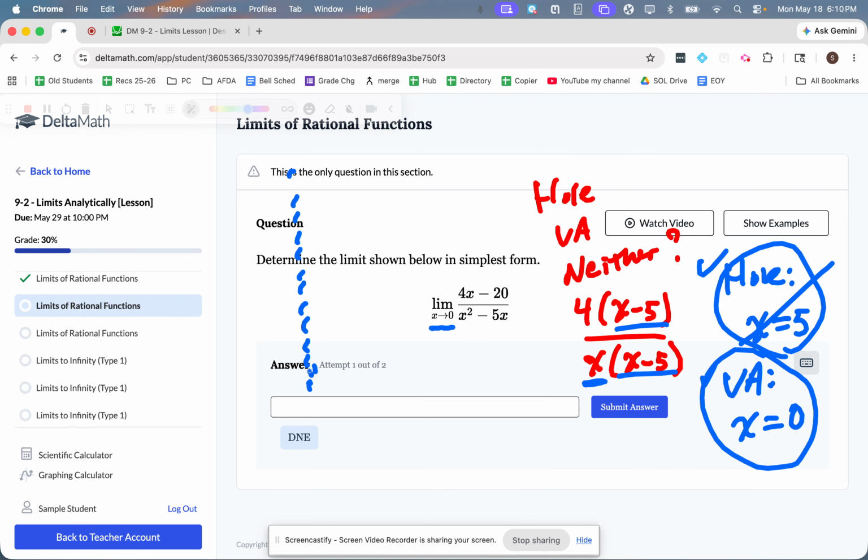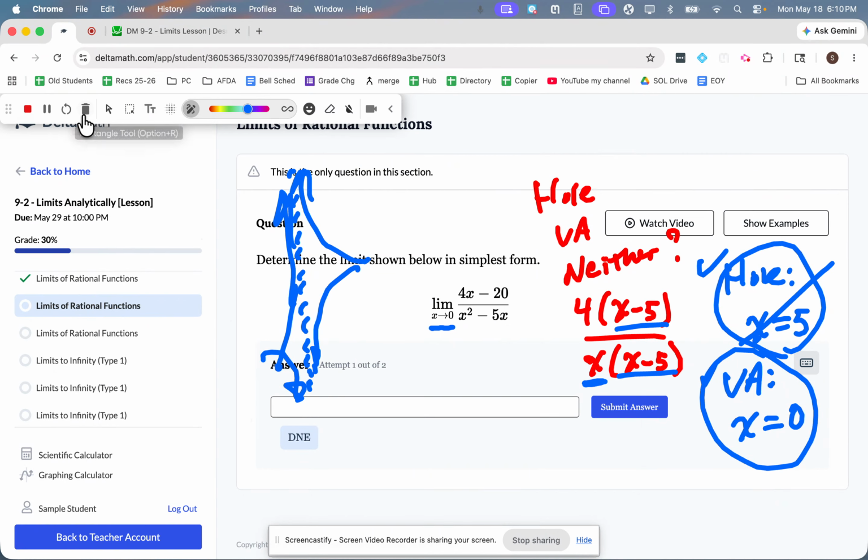You know what happens around vertical asymptotes: it's either doing this or that to the left and to the right of that vertical asymptote. And what does that spell? That says DNE.